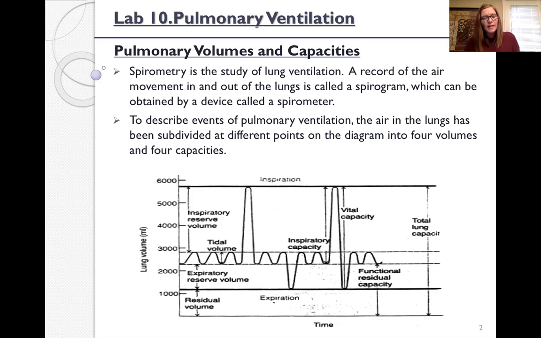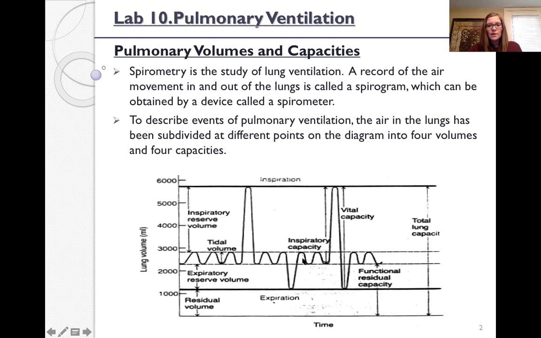When we're looking at the different points on the diagram, we are boiling it down to volumes and capacities. We're looking at things like tidal volume, which is what you normally breathe in and out as you're sitting here watching this video. It's this line right here.